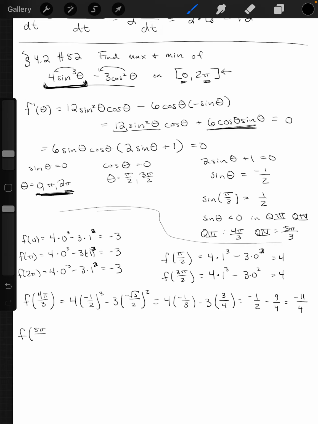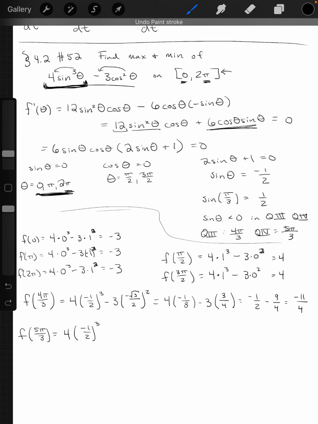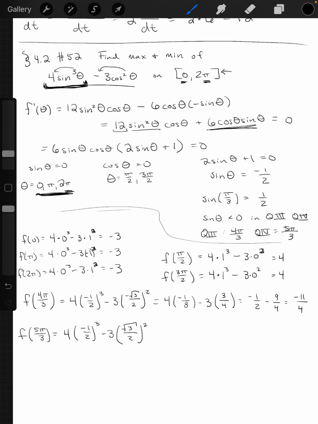And turns out we get exactly the same thing with 5 pi over 3. Because 5 pi over 3, we know that sine's going to be negative 1/2. Because that's why we're looking at 5 pi over 3 in the first place. And this time, in quadrant 4, cosine is positive. So we get positive root 3 over 2. But since we're squaring it, that's going to be exactly the same.